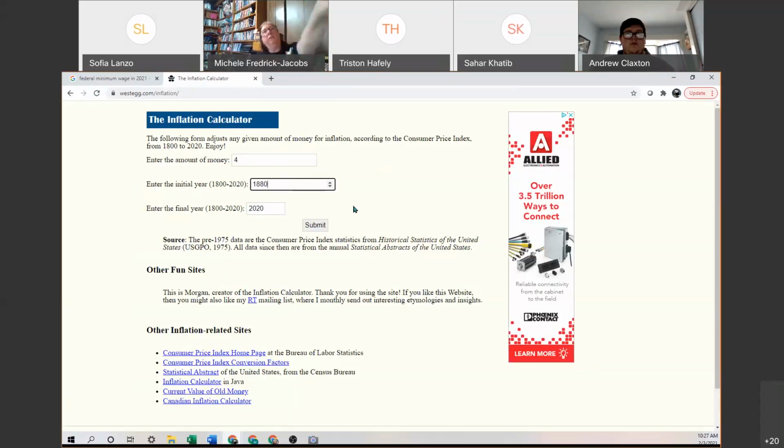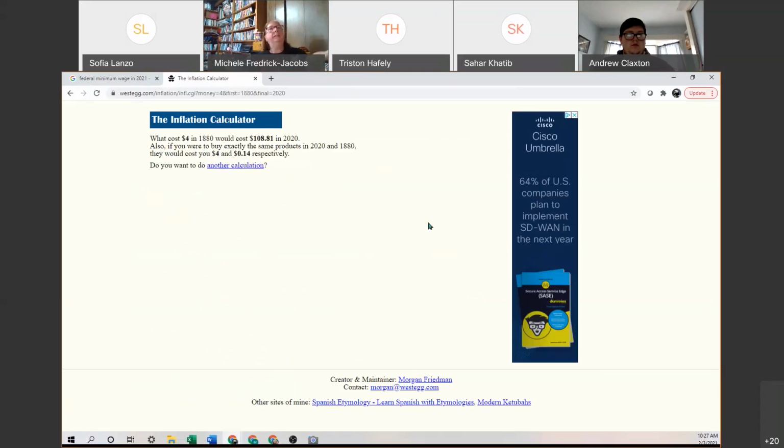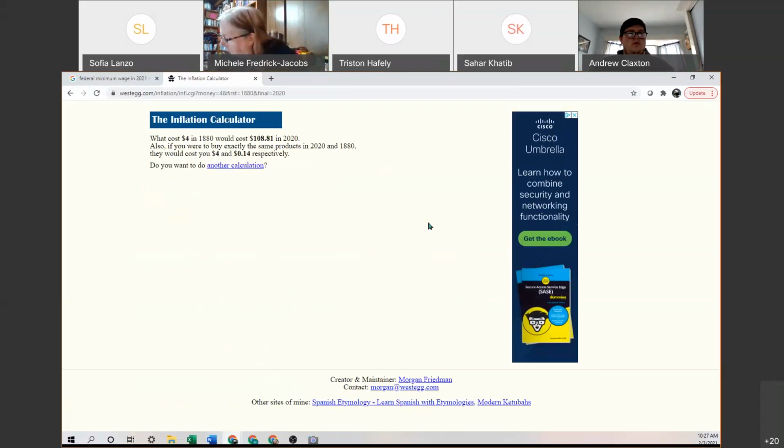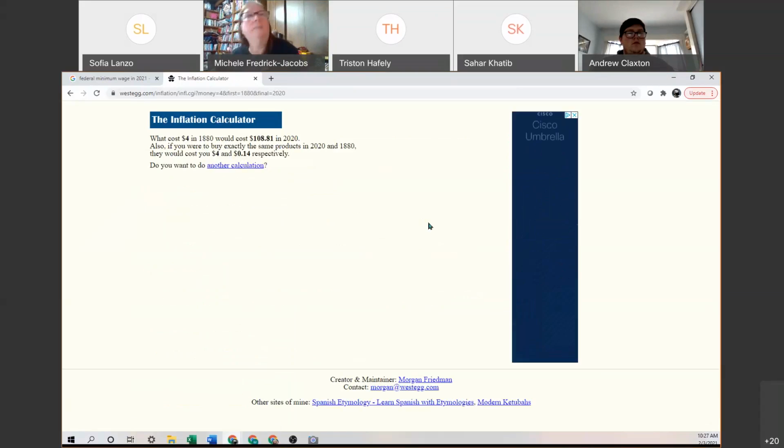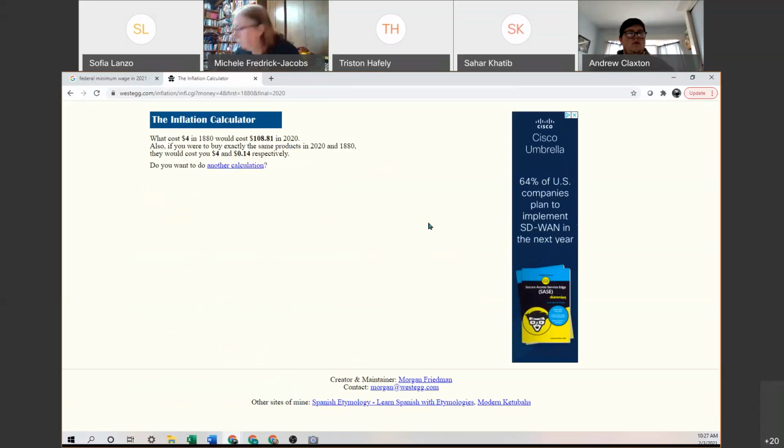So remember now that 4 in there, they're going to talk about dollars, but it's actually cents. When you click it, it tells you 4 cents in 1880 would be 108 cents in 2020. So $1.08.